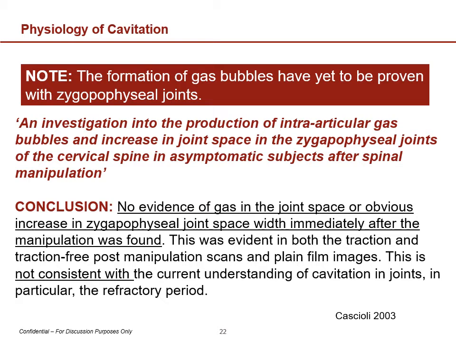This was evident in both the traction and traction-free post-manipulation scans and plain film images, and specifically it's not consistent with the current understanding of cavitation in joints, in particular the refractory period. So we don't really know if the theory of gas bubble inception carries over to the spine like it had been shown in the hand so prominently.